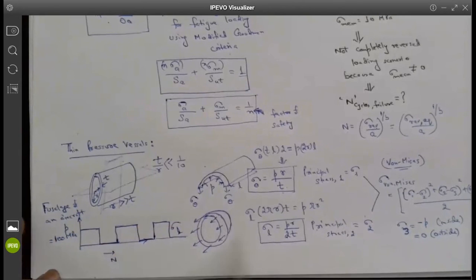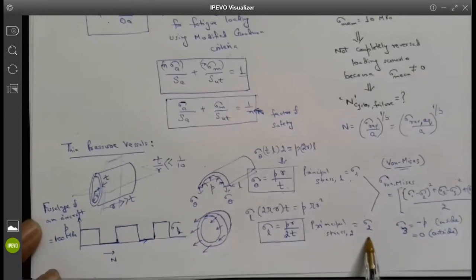We have seen that sigma 1 is basically pressure times radius divided by thickness. If I know the radius of the fuselage and the thickness of its shell, I can calculate sigma 1. I can calculate sigma 2 and sigma 3, which is basically a function of the pressure itself.